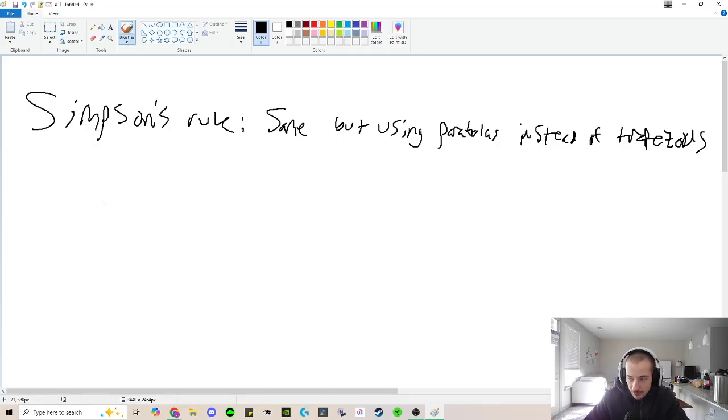Okay. So the integral from a to b of f of x dx is going to be something like S for Simpson.